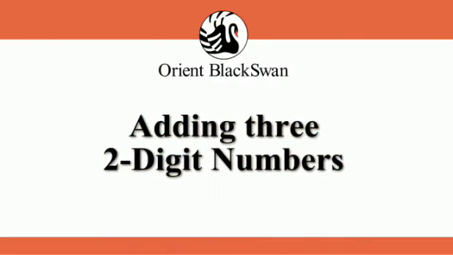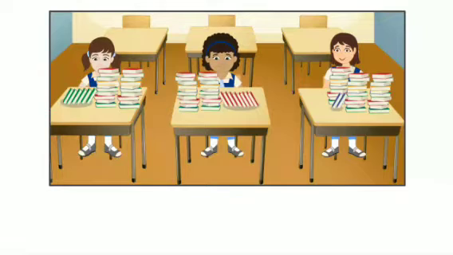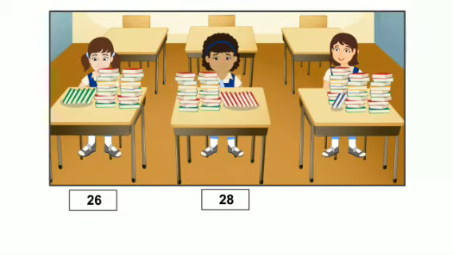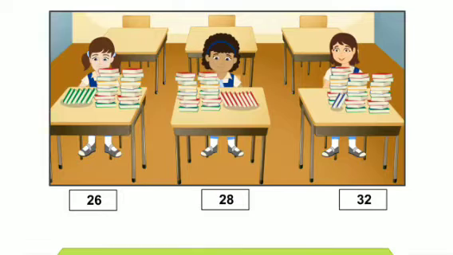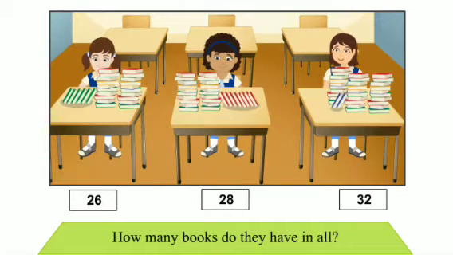Adding 3 two-digit numbers. Reena has 26 books. Ria has 28 books. Rita has 32 books. How many books do they have in all? To find out, let us add the numbers 26, 28 and 32.